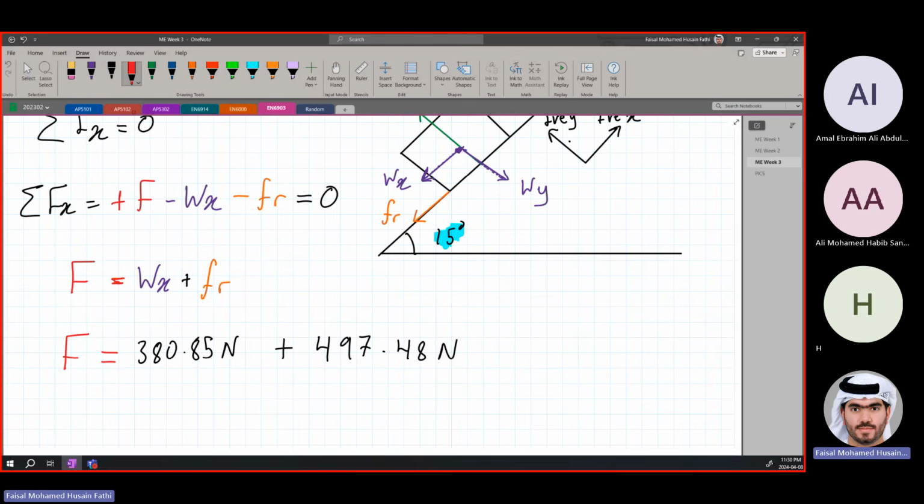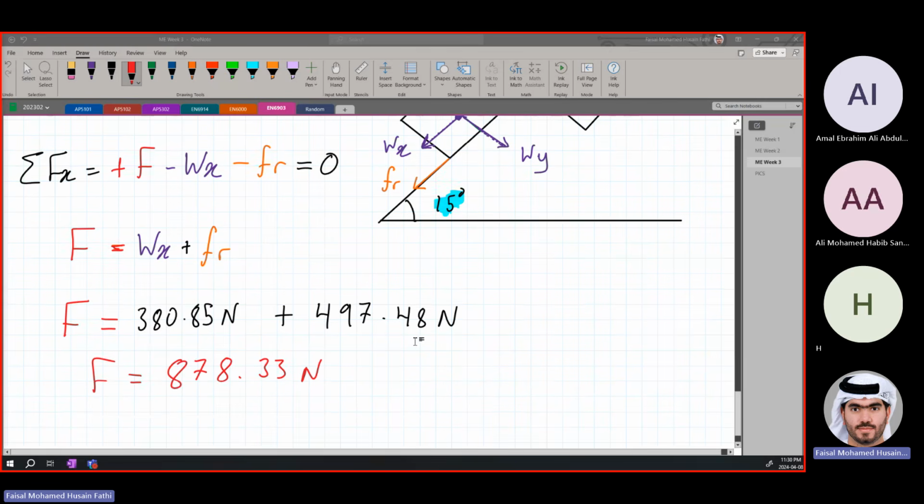And now we can find our final force, which is 380.85 plus 497.48, which is equal to 878.33 newtons. Okay, and we found our final answer.